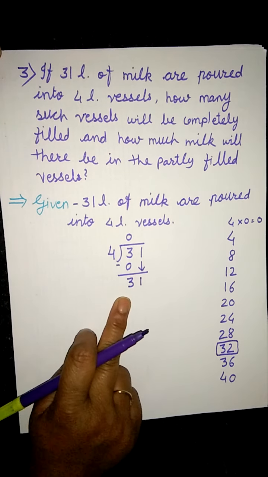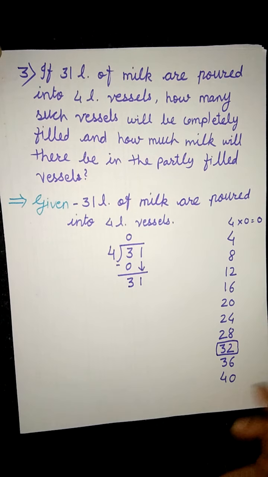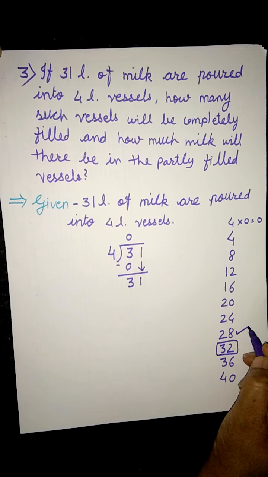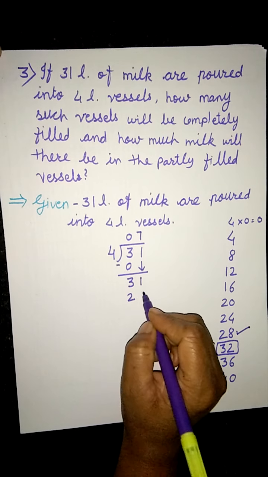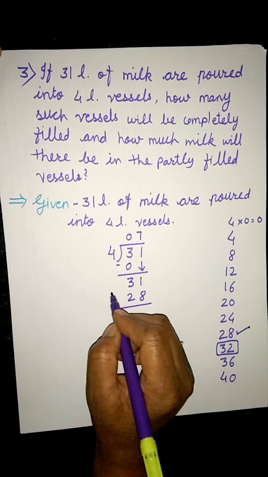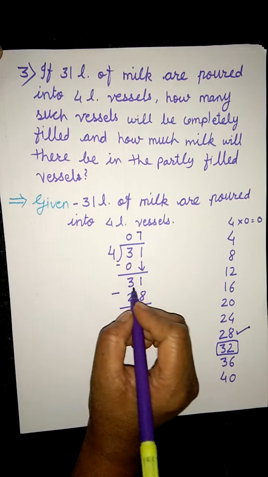But 32 is bigger than 31. So, which number we will take? We will take 28. 4 sevens are 28.